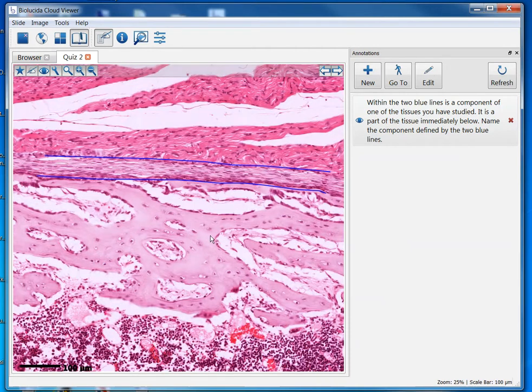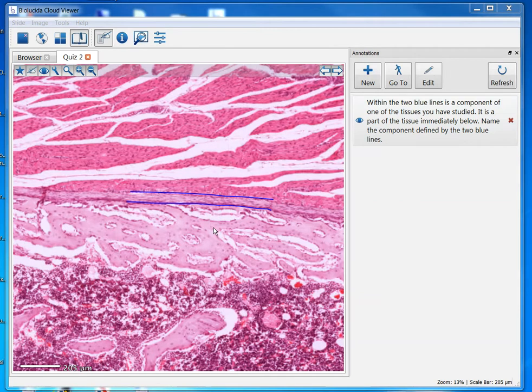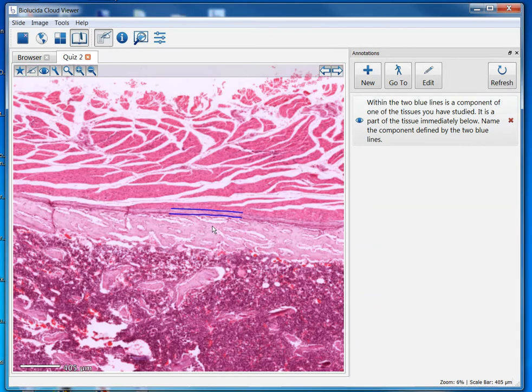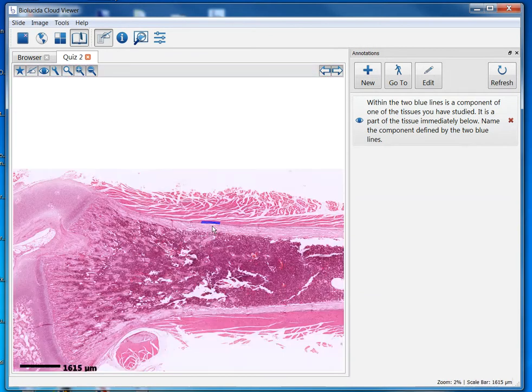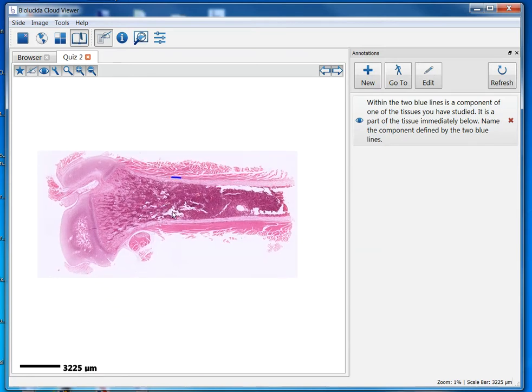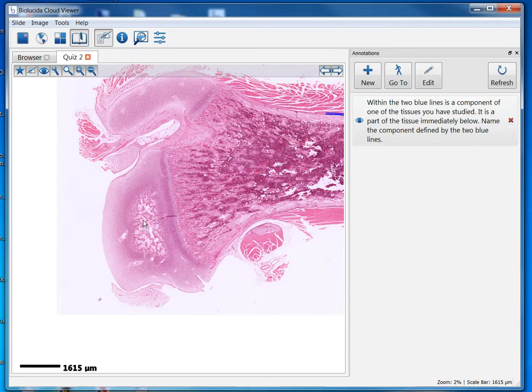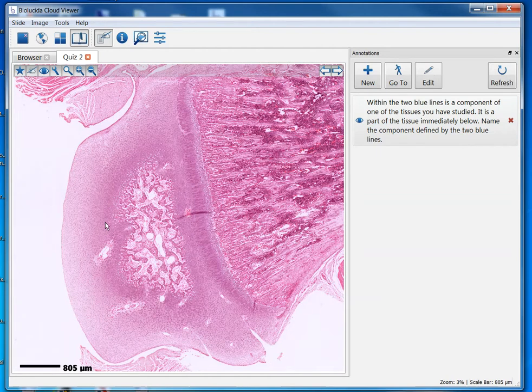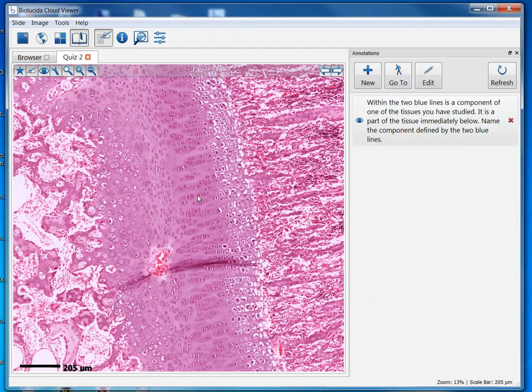But the other thing you could have done is back up like this to lower magnification. And then you see the whole structure that we used to ask this question. It's clearly a long bone. And up here, this is the epiphysis of the bone. And here is the epiphyseal plate where the cartilage is growing to make the bone longer.